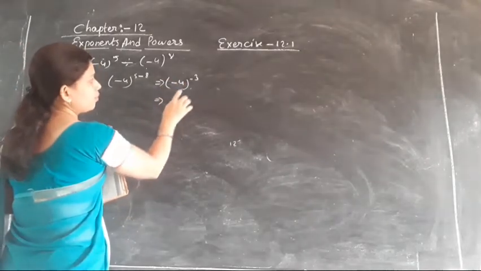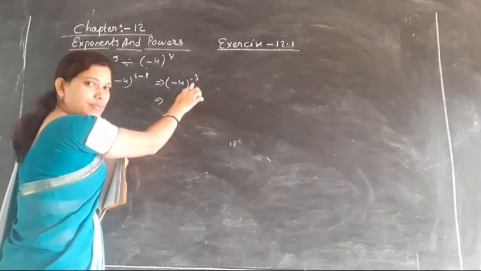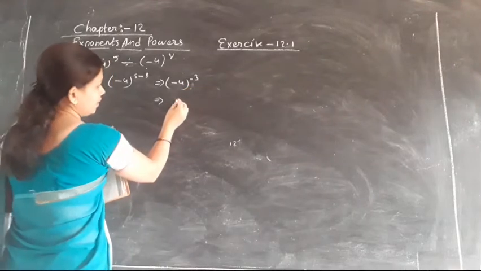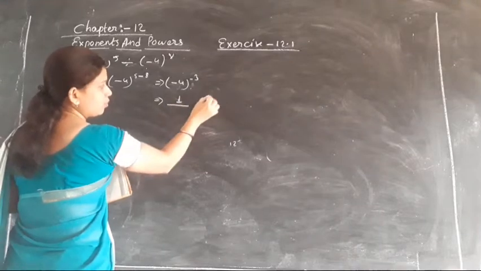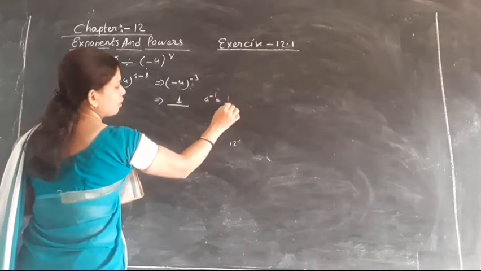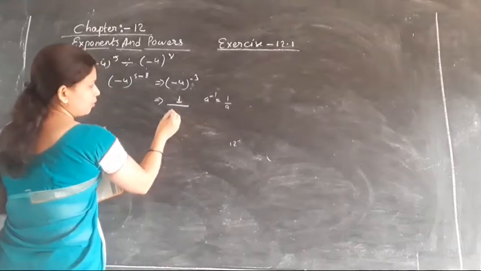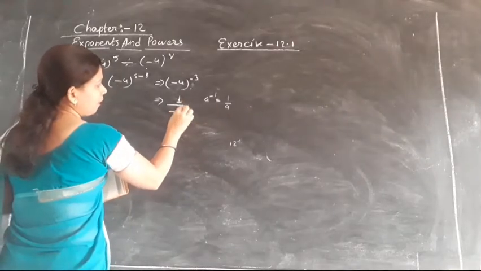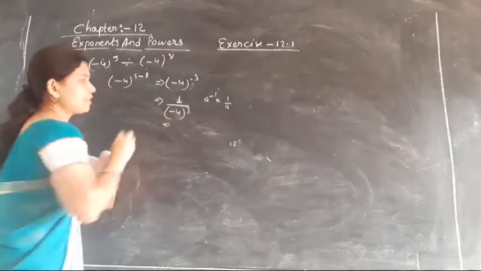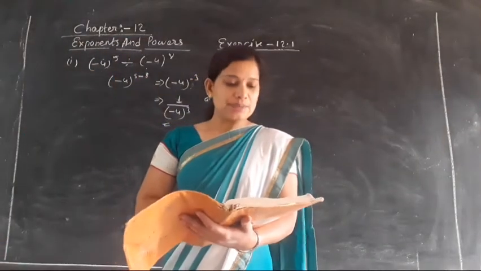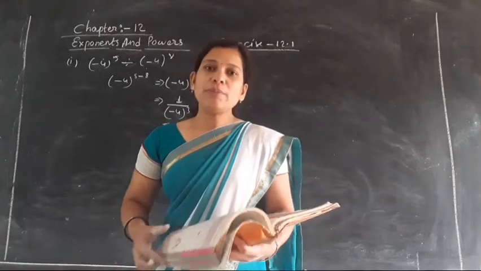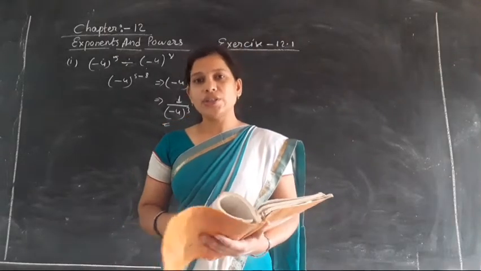As it is said to express the exponent in the form of a positive exponent, we are going to use a to the power minus 1 is equal to 1 upon a, the law of exponent, over here. So it will become 1 upon minus 4 whole to the power 3. In this, the exponent minus 3 we had converted into the positive form, isn't it?